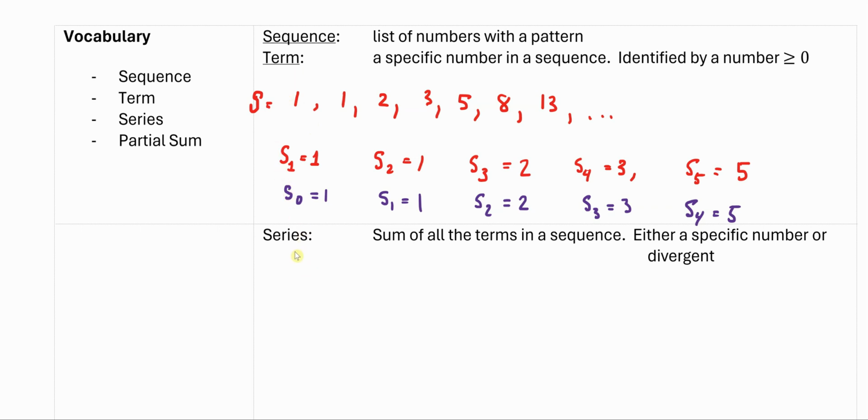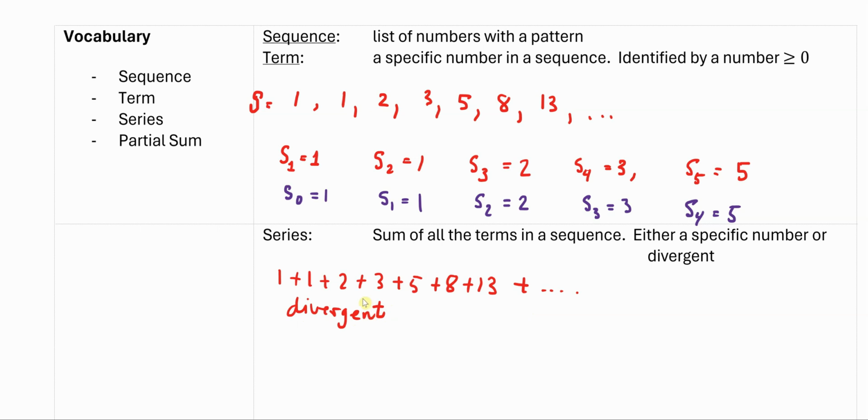So for example, this is the sequence. To make it a series, we just say 1 plus 1 plus 2 plus 3 plus 5 plus 8 plus 13, and so on. You can see obviously that these terms are getting bigger, and so this series is going to be divergent. Now, in some cases, the series will be convergent.